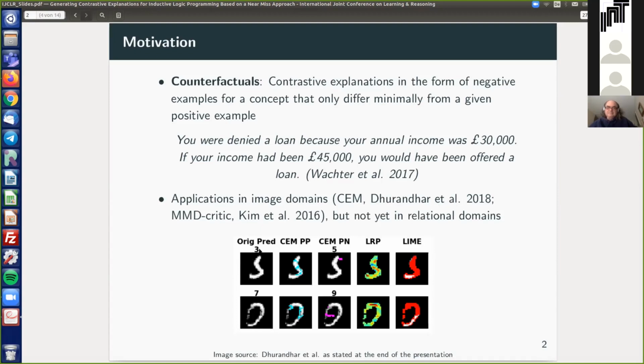The system says, well, no, I think this is something different. Then the contrastive explanation method tells you this would have been the image in order to make the prediction of a 5. So this is the counterfactual, just indicating what the image has to be in order to be another class, just a minimal change.